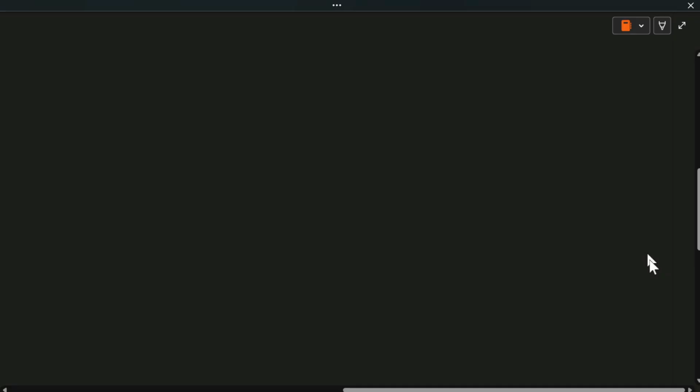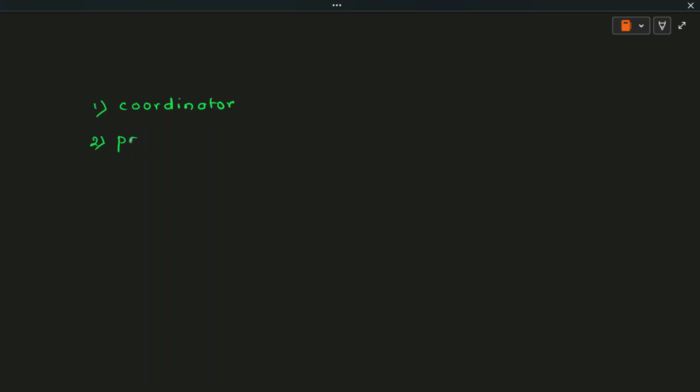Before going into the details of two-phase commit protocol, we need to understand a few key terms. The first one is going to be the coordinator site. Second is going to be participating site. And third is going to be log files.